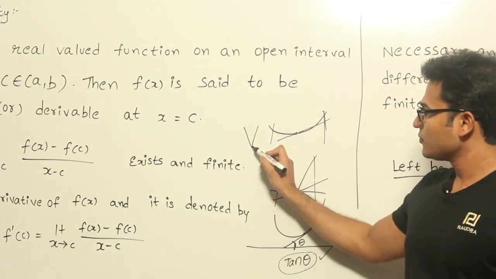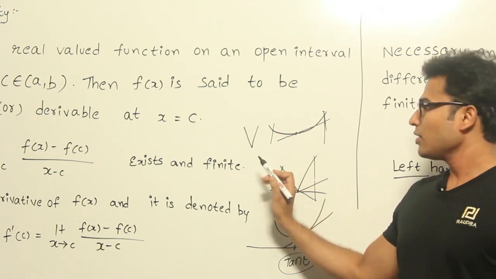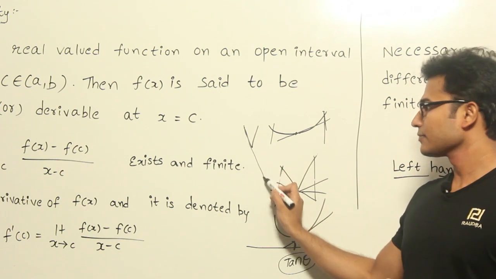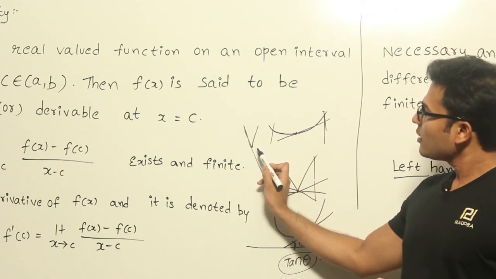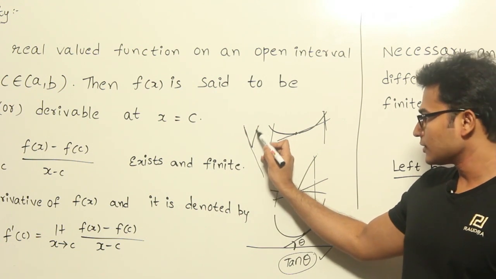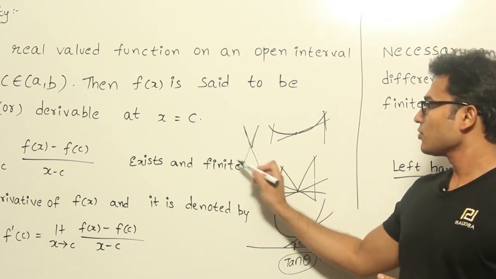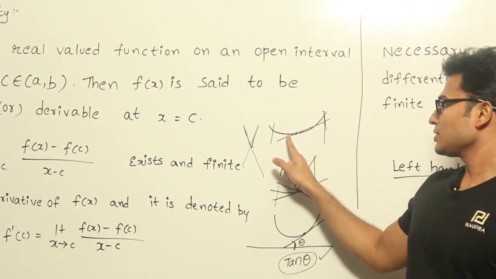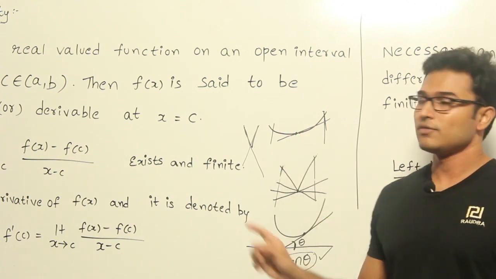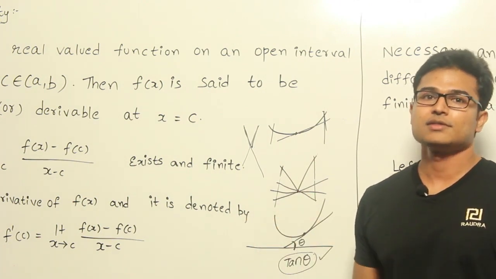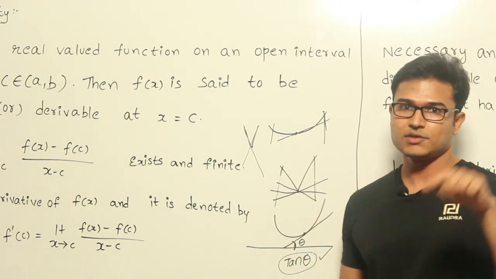For example, at this point, if I draw a tangent just to the left of it, it is going to be this line. If I draw a tangent just to the right of it, it is going to be this line. Therefore you get many tangents there. So if the left-side tangent and the right-side tangent are the same at that point, then we can say that it is differentiable, or the function is smooth.